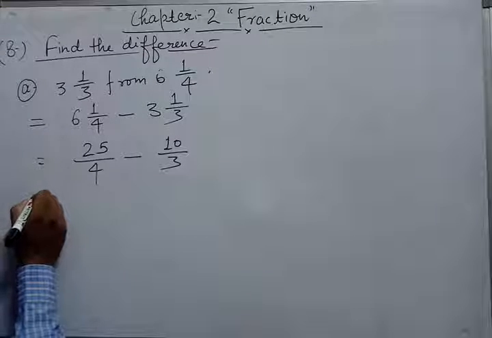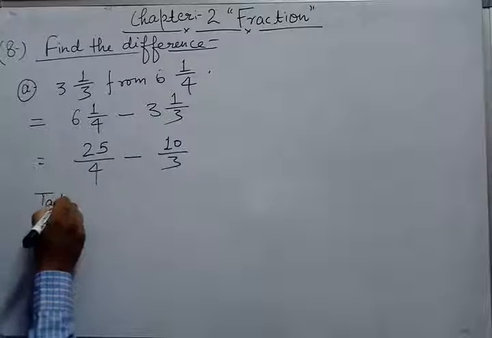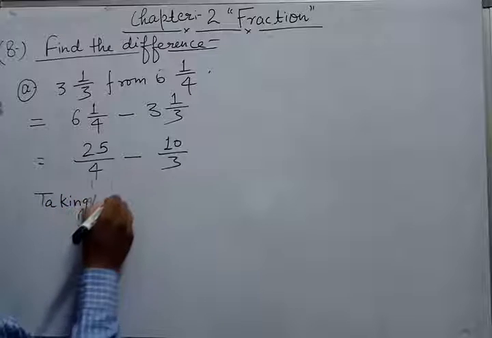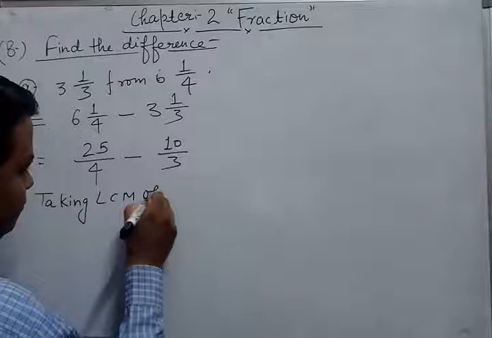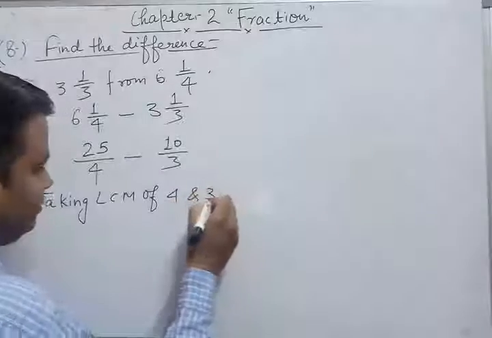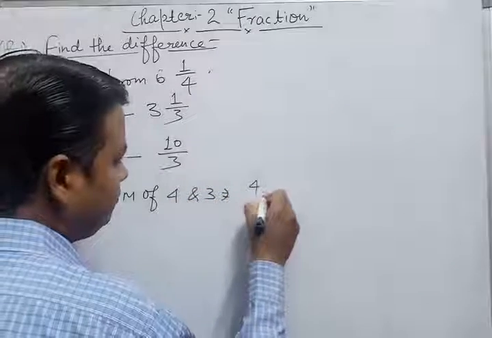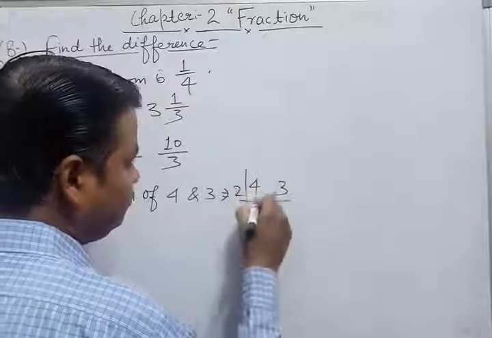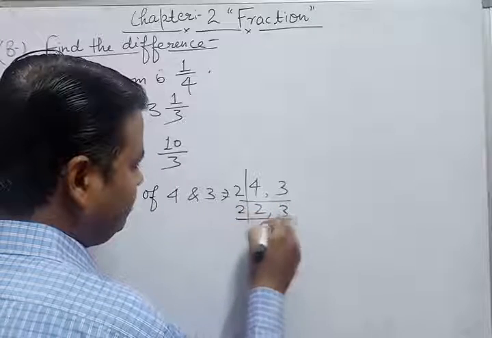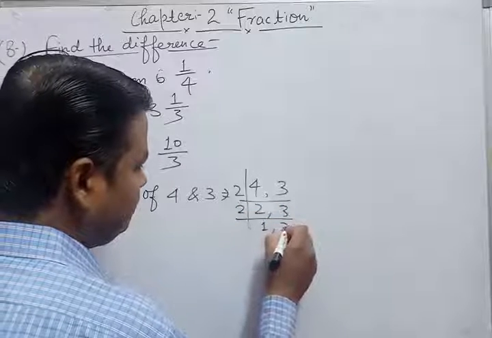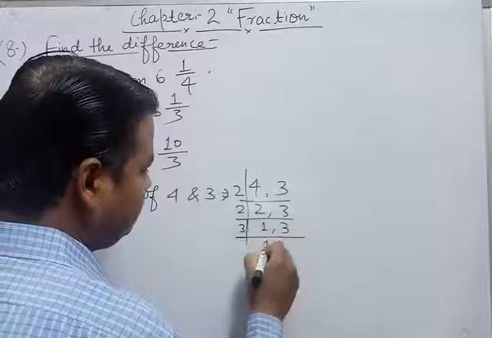Then taking the LCM of 4 and 3, then 4 comma 3, 2 2s are 4, 2 1s are 2, and 3 1s are 3.